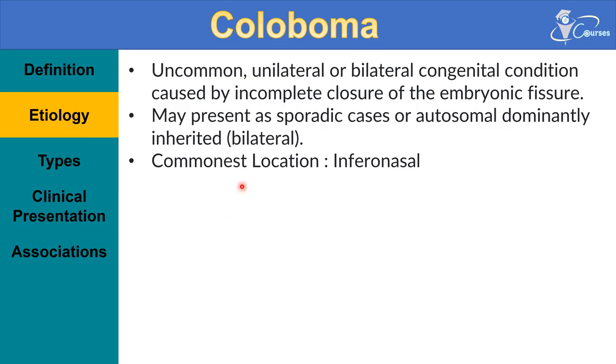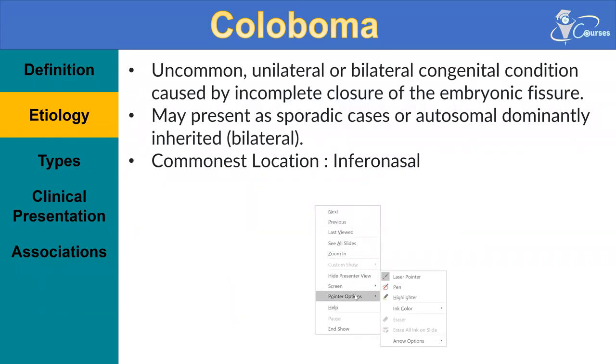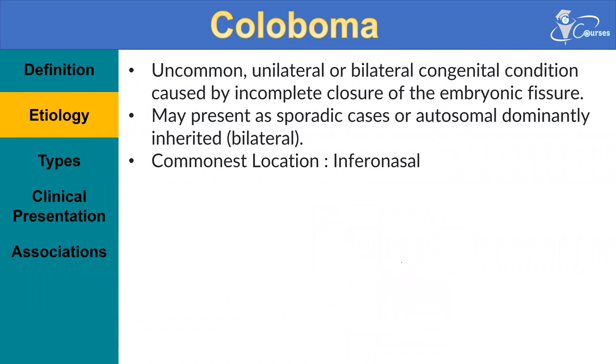Coloboma is an uncommon unilateral or bilateral congenital condition caused by incomplete closure of the embryonic fissure. I forgot to bring you a picture of the embryonic fissure, but I can draw it for you.